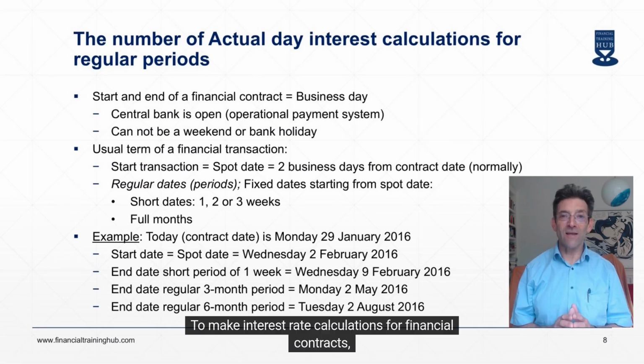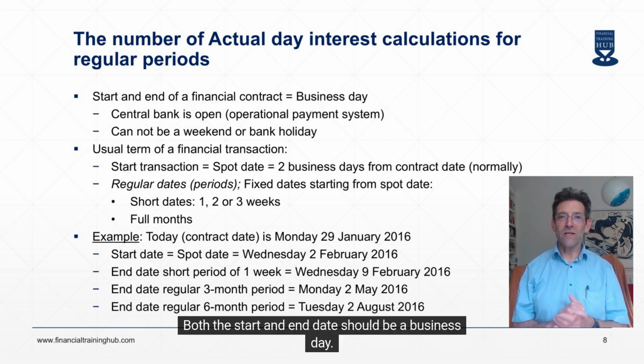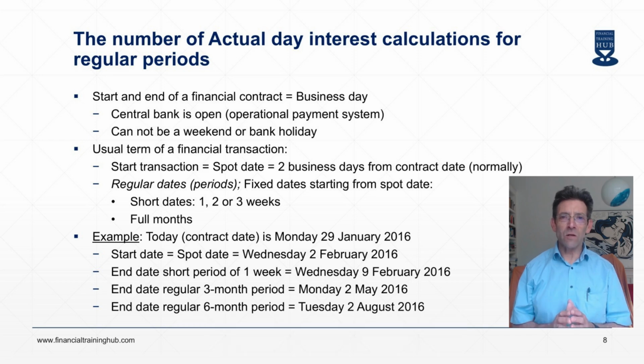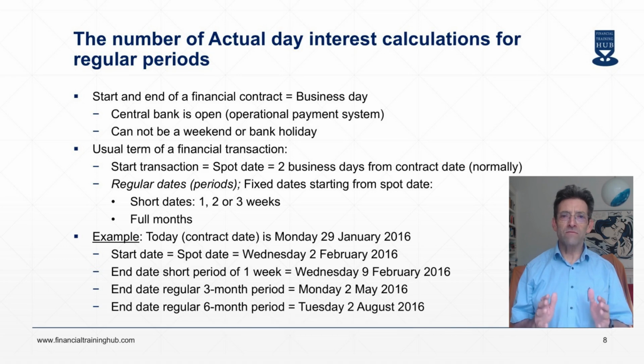To make interest rate calculations for financial contracts, the start and maturity dates have to be specified. Both the start and end date should be a business day. A business day can only be a day that the central bank's payment system is operational. Therefore, weekend days are not possible. But also bank holidays are excluded because central banks will be closed.